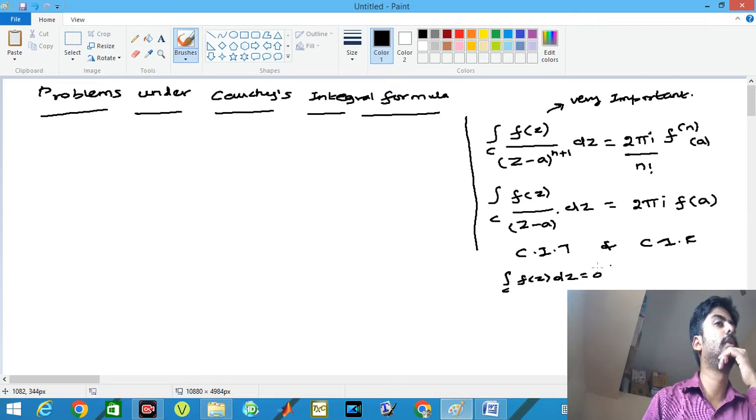Here we need the denominator point to be outside for this; if it is outside, it automatically becomes 0.